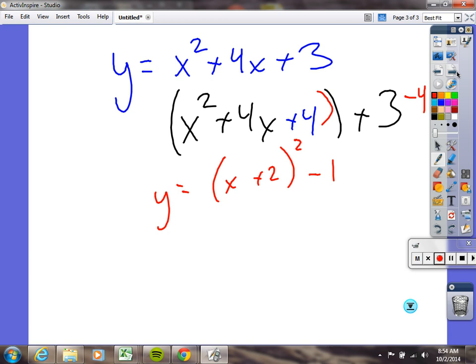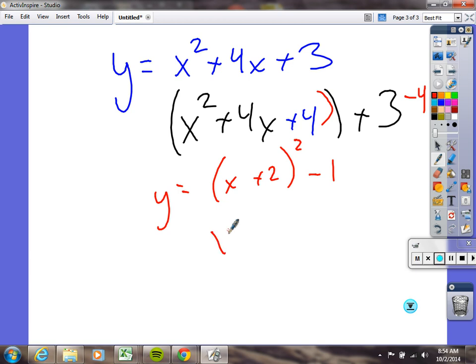Go again? What's 3 minus 4? Because I had to balance it. Because if I put a plus 4 here, it changed the equation, didn't it? So therefore, to balance it, let me show you this.